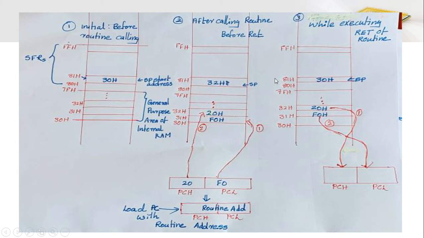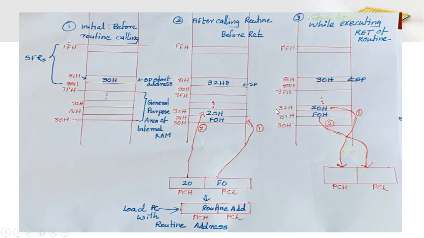So check the current status of the stack pointer, the 81st byte of our internal RAM space, which is currently holding the address 32H. Move to 32H, pop the top value and place it into its exact location. This is the value pushed from the higher byte of PC, so pop it back and place it into the higher byte of PC.